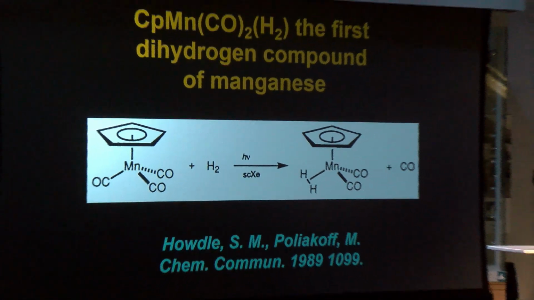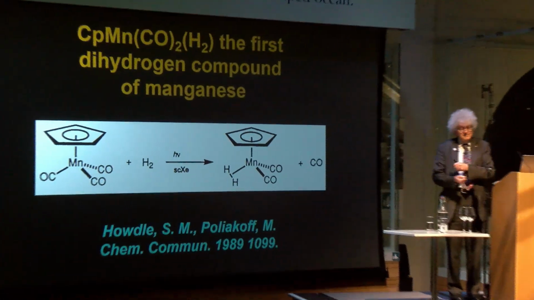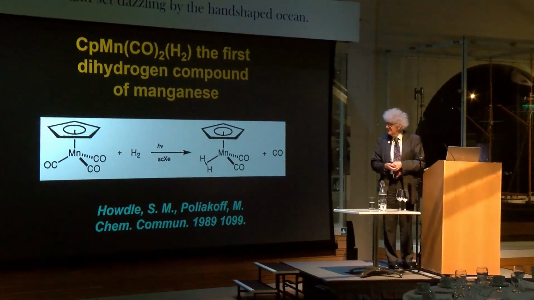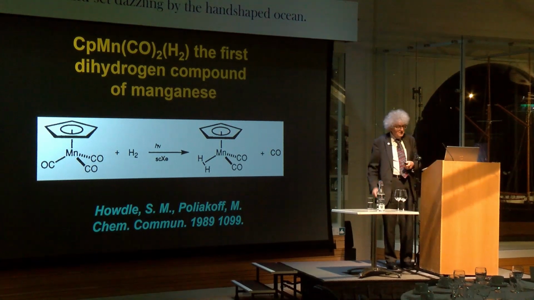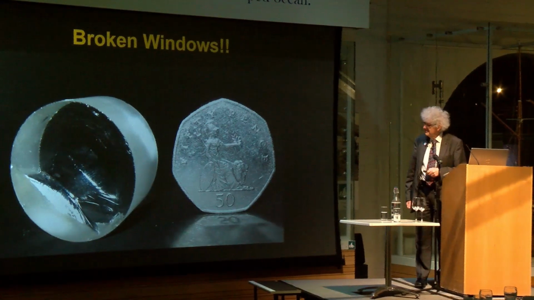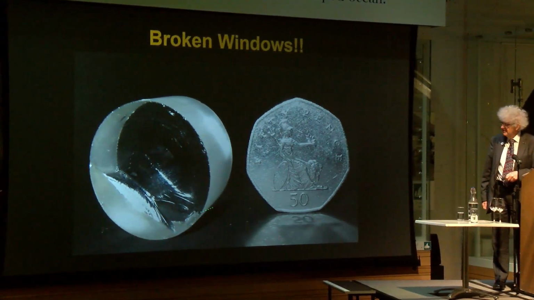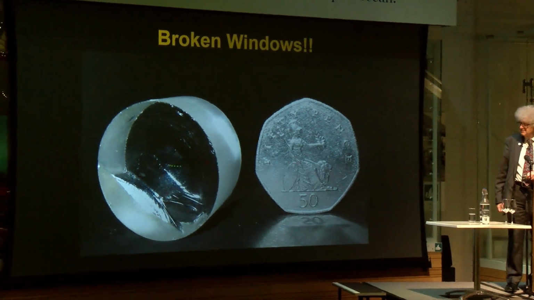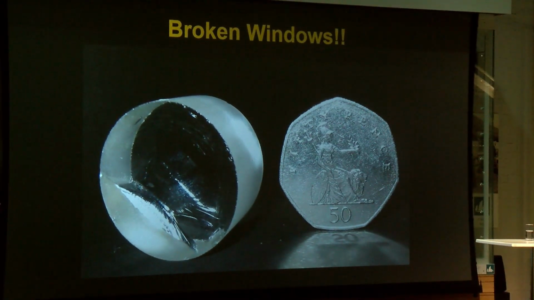Steve is very big, bigger than me, and has rather strong hands when working with equipment, and he managed to break 2 of the very expensive infrared windows. This is a 50p piece just as a scale of how big this window was. This is sapphire.